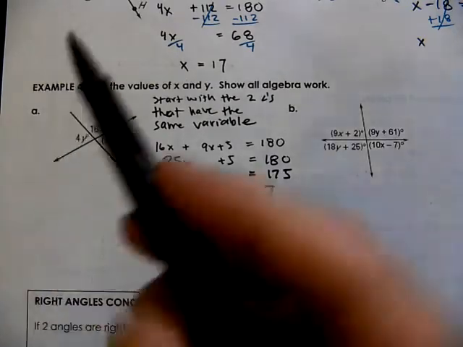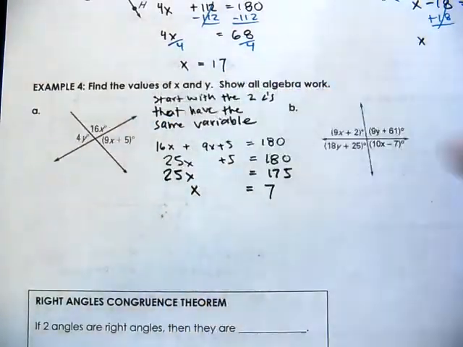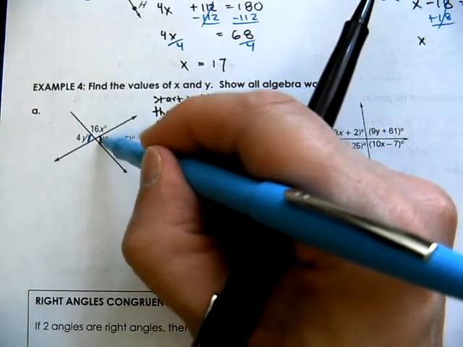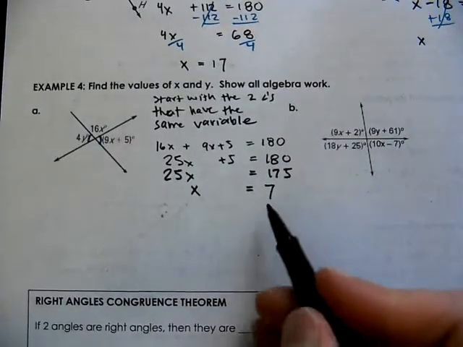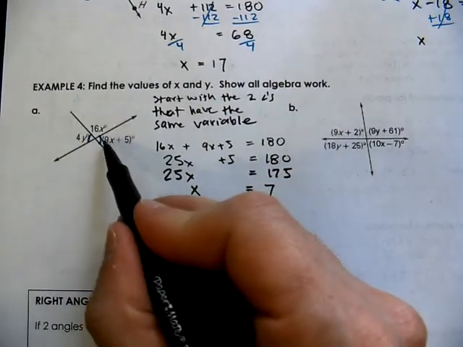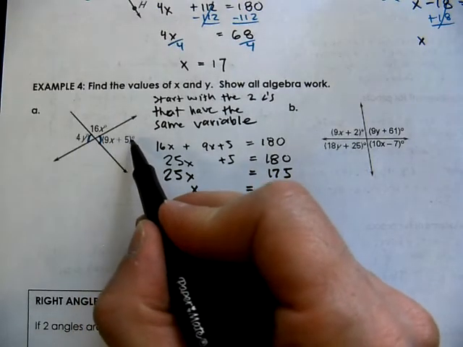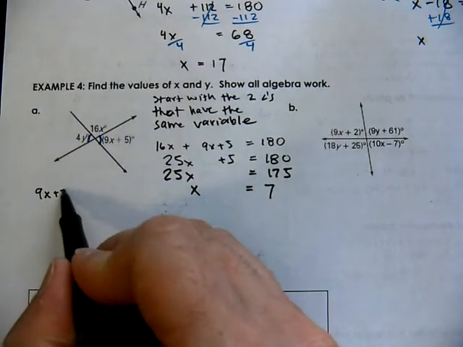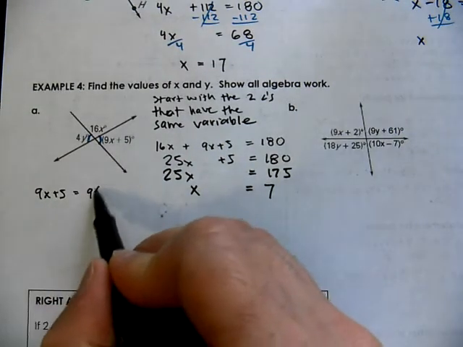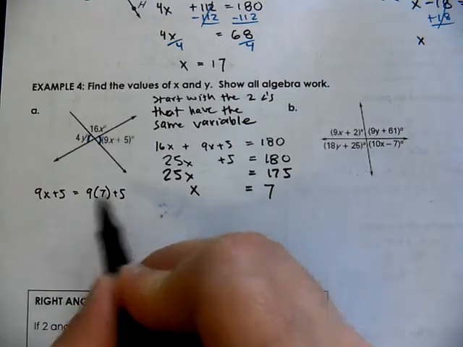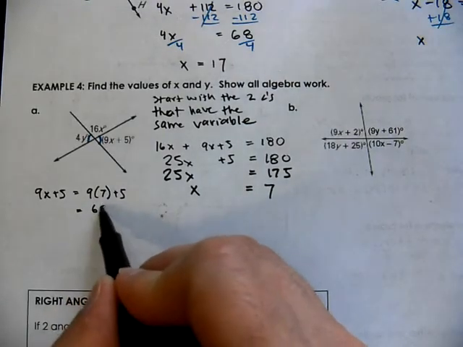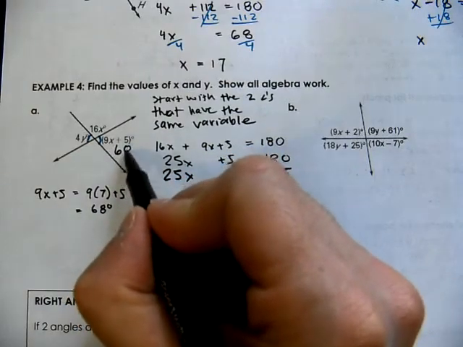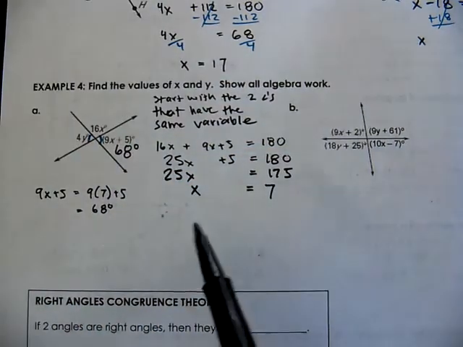So if I really like these vertical angles, let's say that I really want to use that angle on the left and the angle on the right, then let's take that 7 and plug it back into the 9x plus 5. So let's think about this. The 9x plus 5 means that we have 9 times 7 plus 5, and that will give us 68 degrees. Okay, so now we know this angle is 68 degrees.